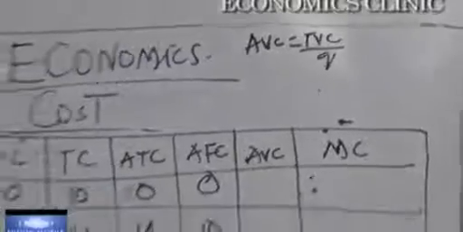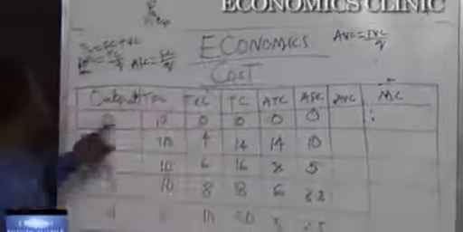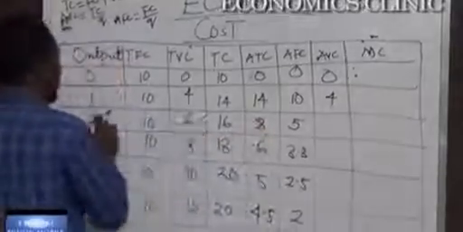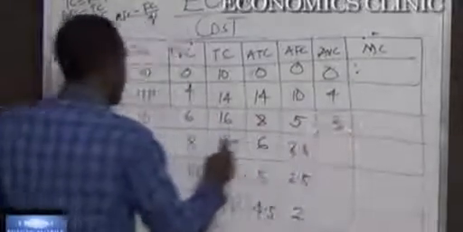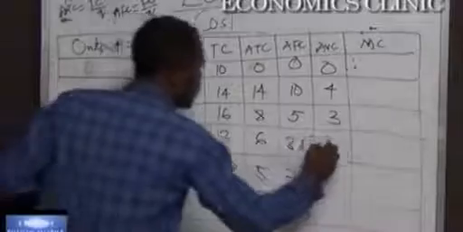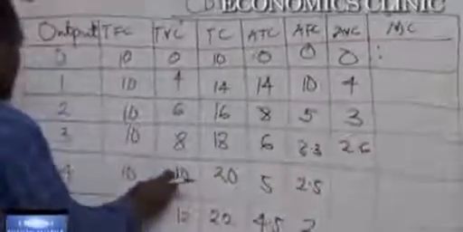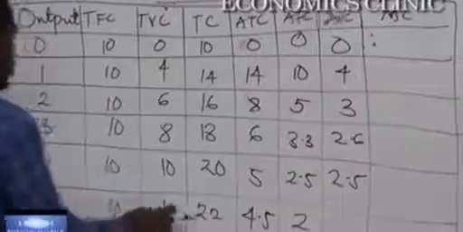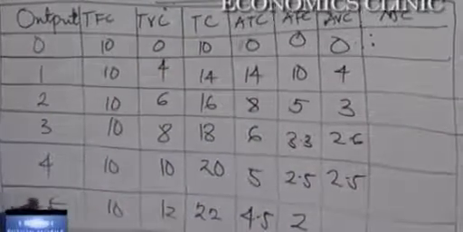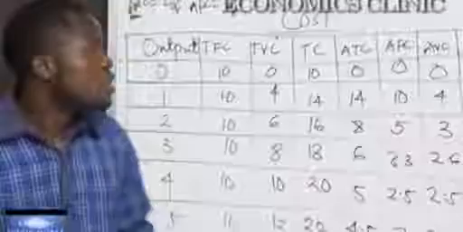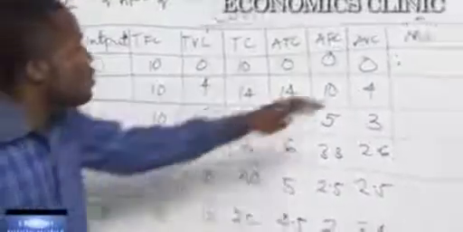So we locate our total variable cost and divide by quantity, which is the output. 0 divided by 0 is 0. 4 divided by 1 is 4. 6 divided by 2 is 3. 8 divided by 3 is 2.6. 10 divided by 4 gives us 2.5. 12 divided by 5 gives us 2.4.